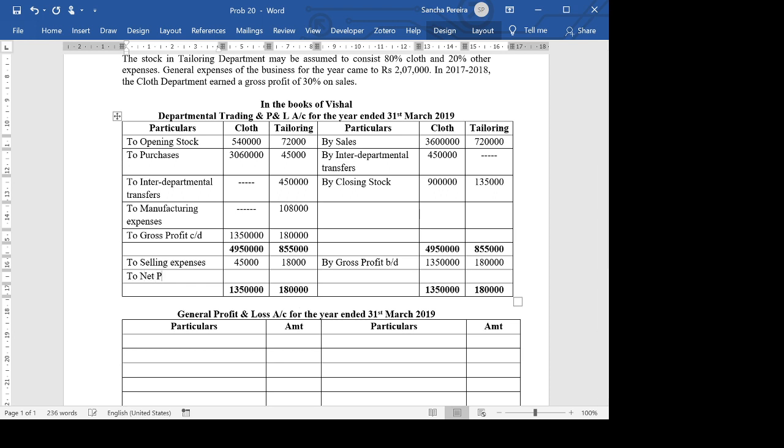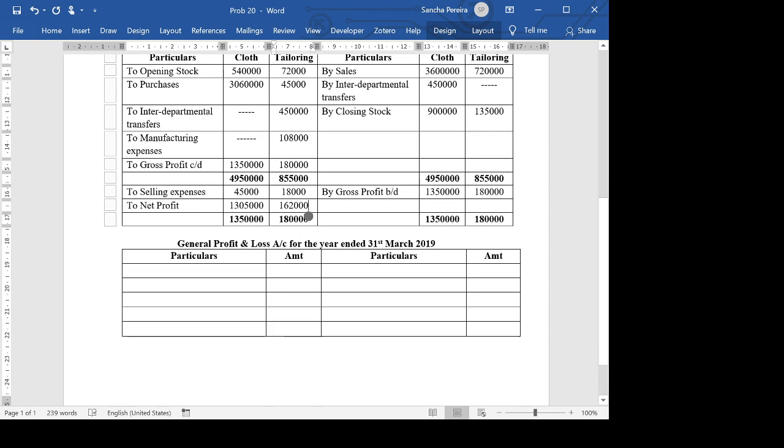To net profit, sorry, 13 lakhs 5,000, and here it is 1 lakh 62,000. We will bring down the net profit as well, by net profit, to net profit carried down, by net profit brought down.